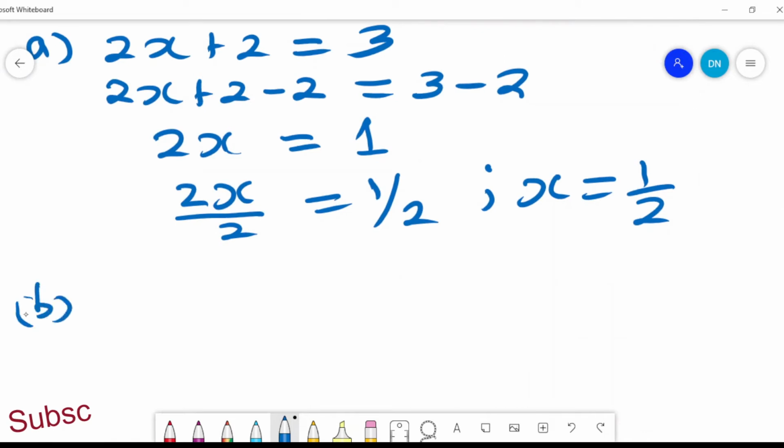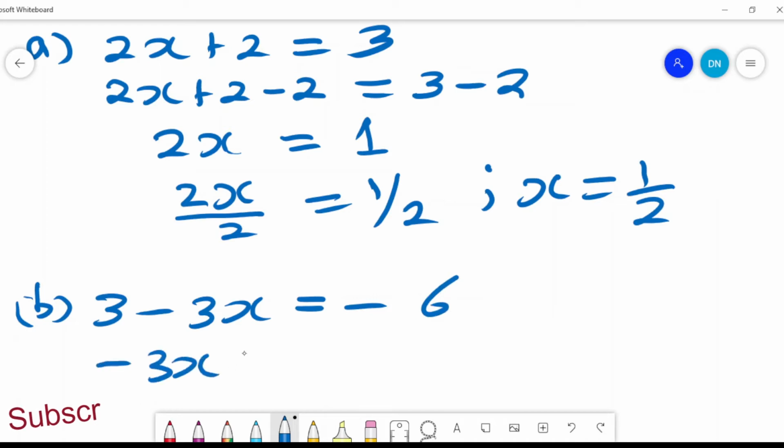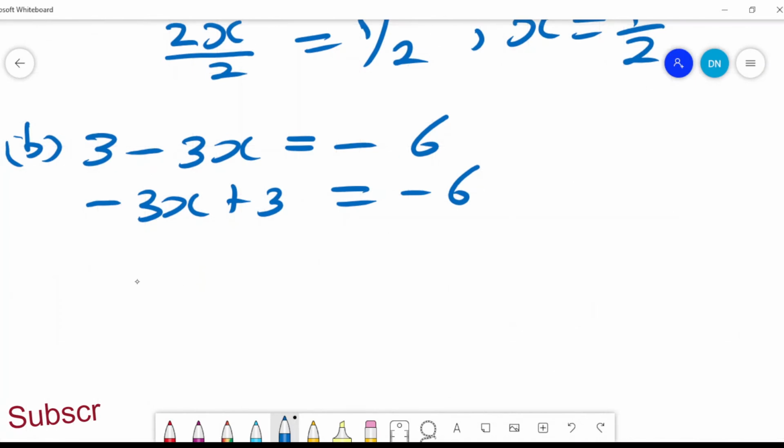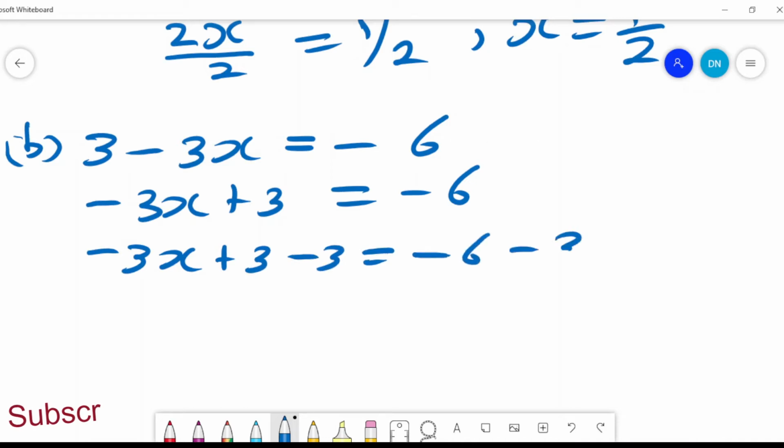Another simple example that we can think about is 3 minus 3x is equal to negative 6. I can write this equation as negative 3x plus 3 is equal to negative 6. I want to move 3 to the other side of the equation. So what I do on this side is I subtract the 3, and what I do on one side, I do the same on the other.